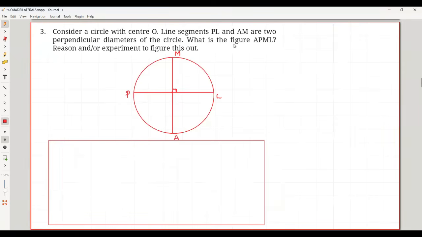So what figure is APML? If I join all of these, what figure will I get? Let us join and check. Join all the points.